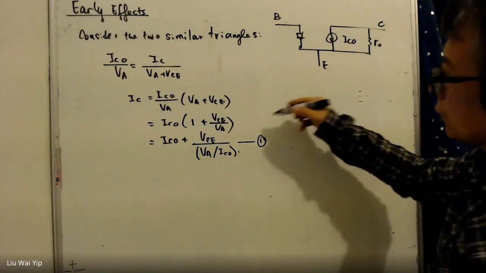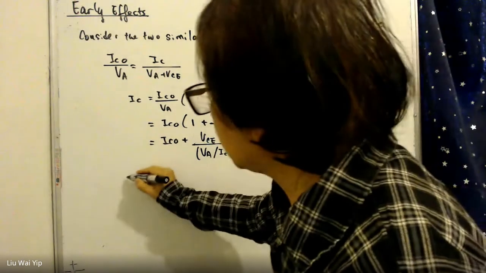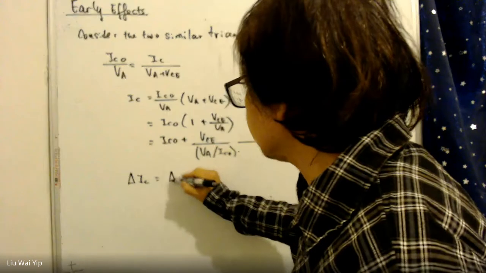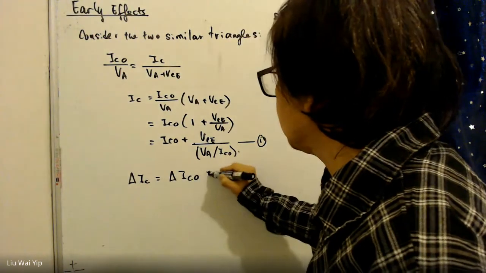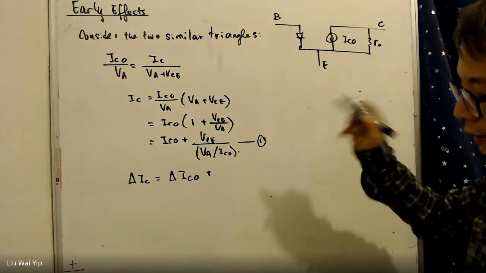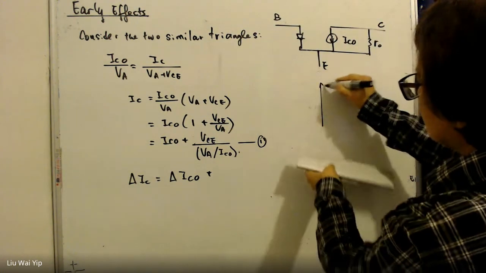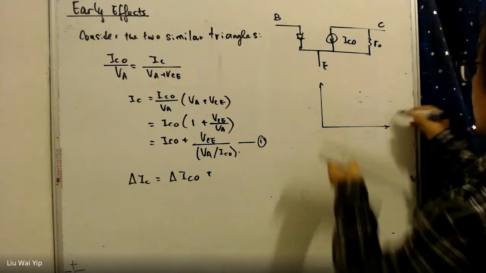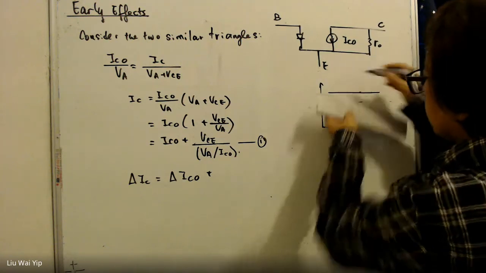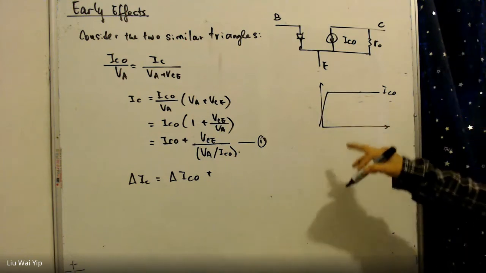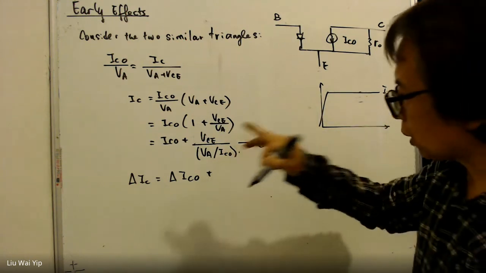So if you differentiate equation 1, you get IC and then IC0, and the bottom term is assumed to be constant, because when you draw the graph, the IC0 is not changed. So we assume this bottom term is constant.